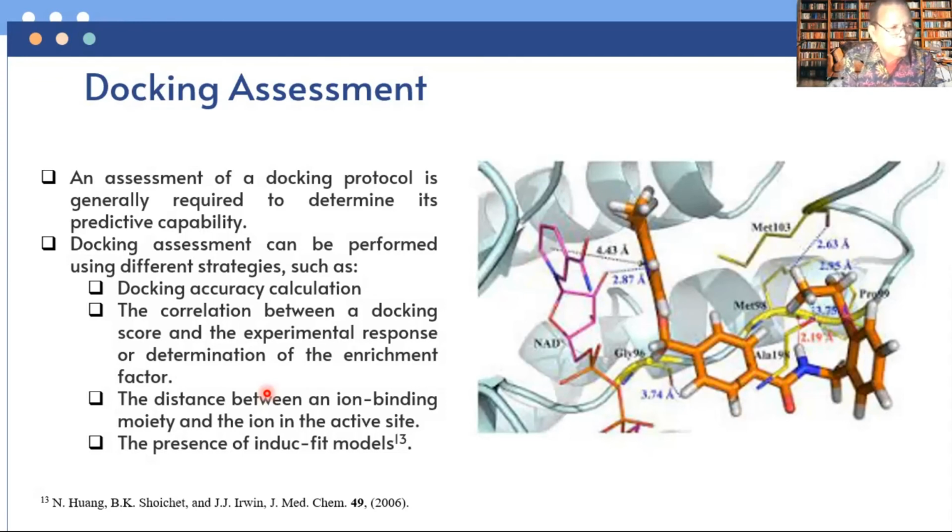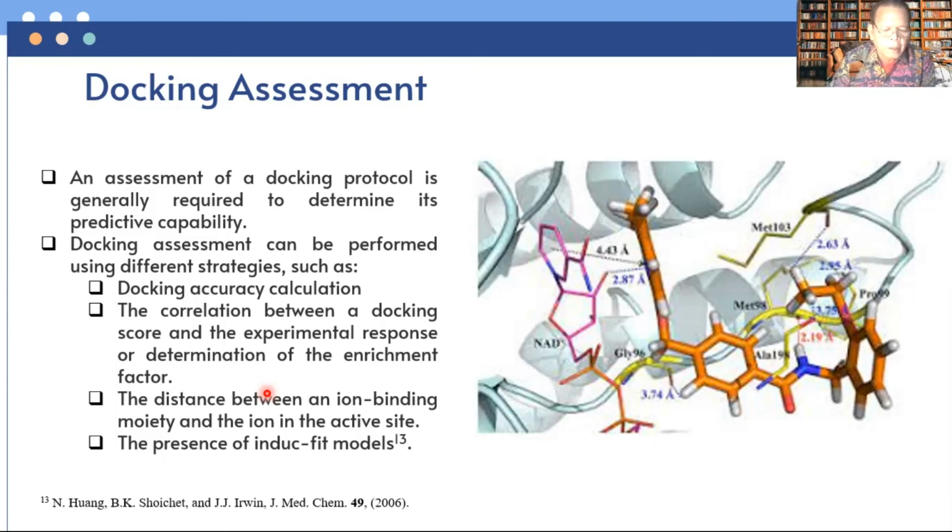Now let's move to docking assessment. An assessment of a docking protocol is generally required to determine its predictive capability. Docking assessment can be performed using different strategies. Docking accuracy calculation represents one measure to quantify the fitness of a docking program by rationalizing the ability to predict the right pose of a ligand with respect to the experimentally observed one. Then the correlation between a docking score and the experimental response, or determination of the enrichment factor.